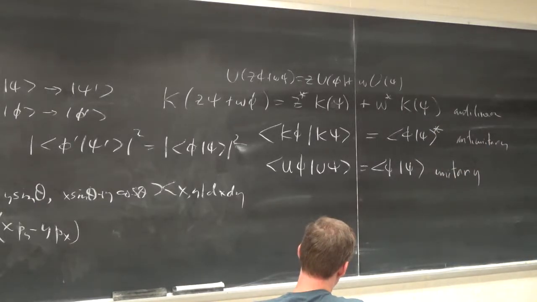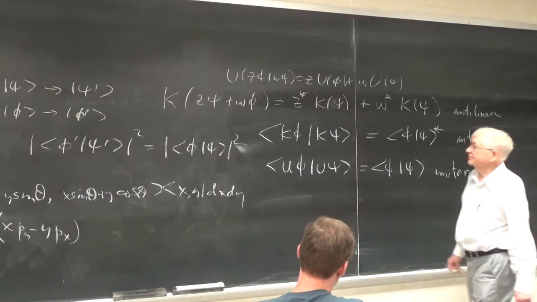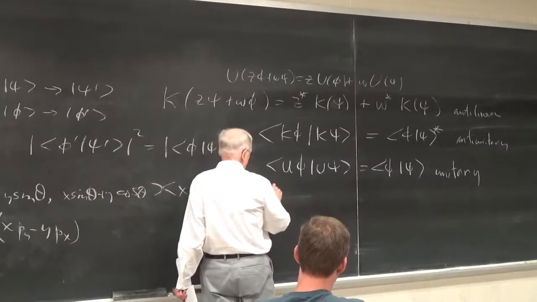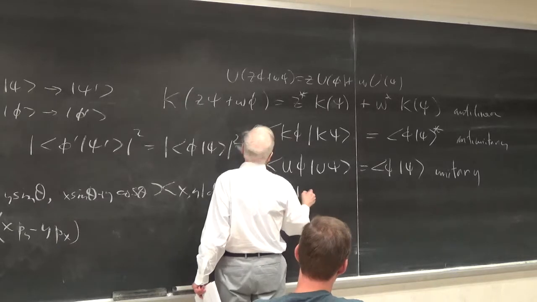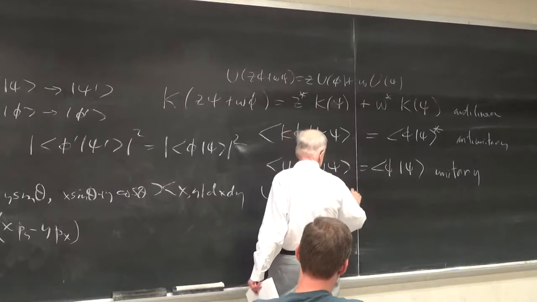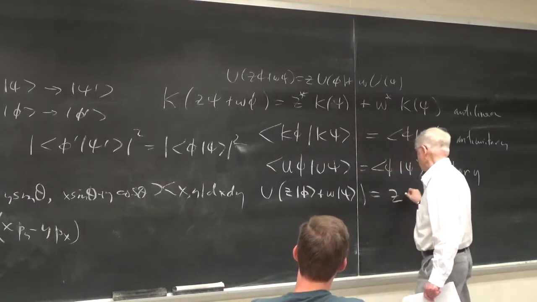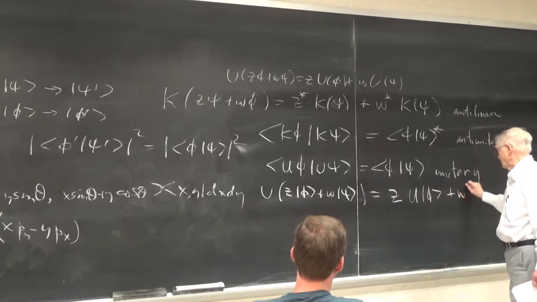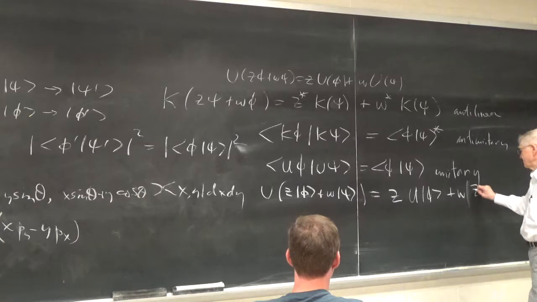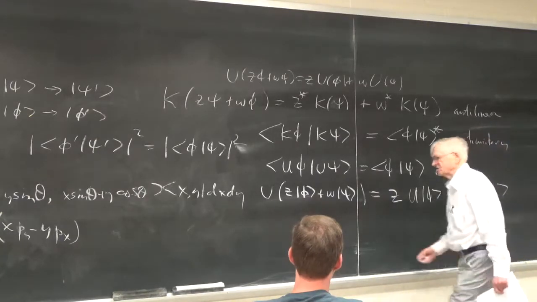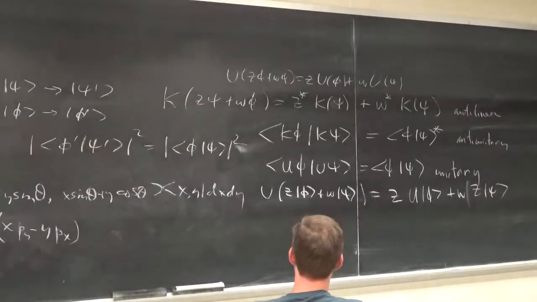So, in fact, let me rewrite these two things just in ordinary Dirac notation. It would be U on z phi plus w psi. Of course, linear means U phi plus w z psi. Where's the z? Oh, sorry, that was a mistake. Let me get my eraser.